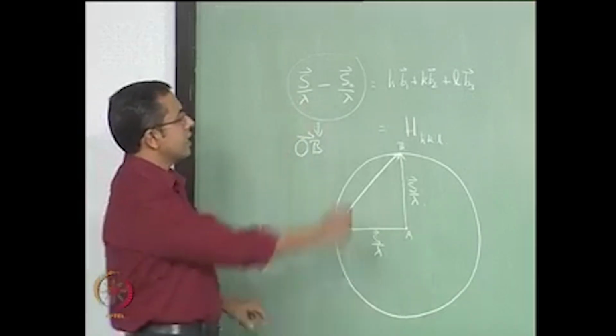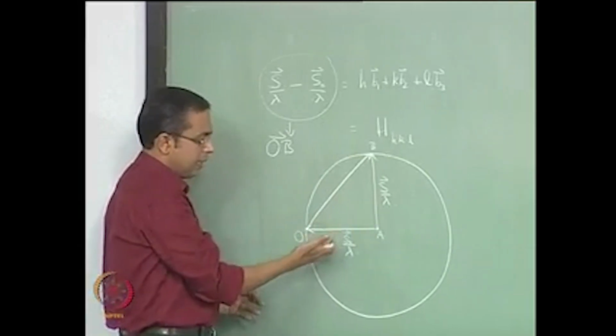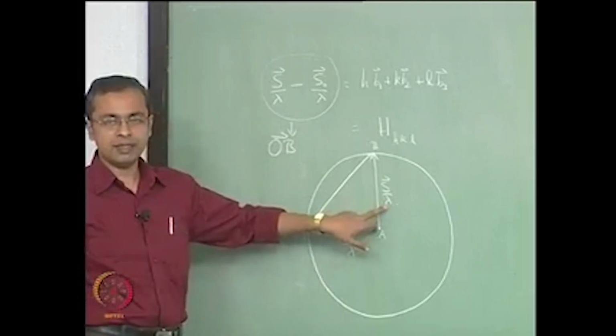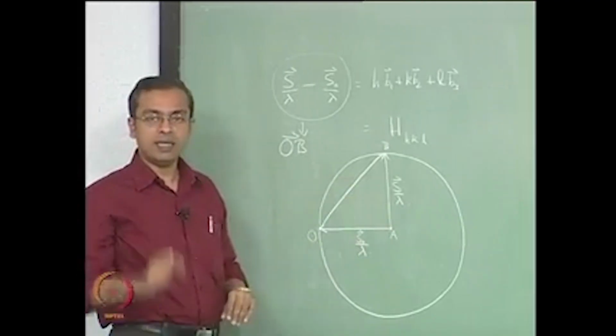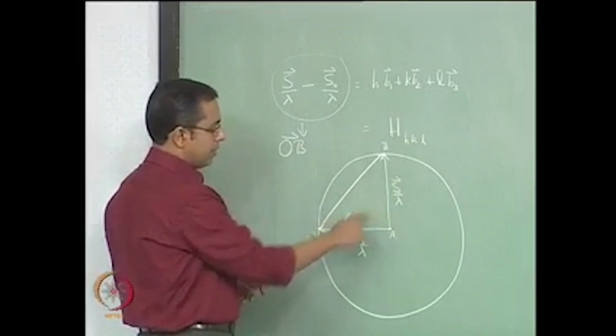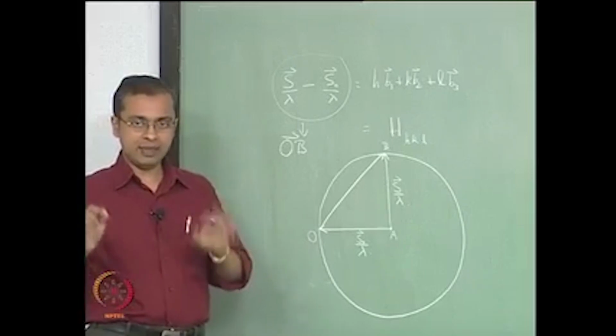We are saying that this set of conditions, this incident beam direction with this wavelength and this diffracted beam direction with the same wavelength, will result in diffraction if the difference S by lambda minus S naught by lambda is equal to a valid reciprocal lattice vector.